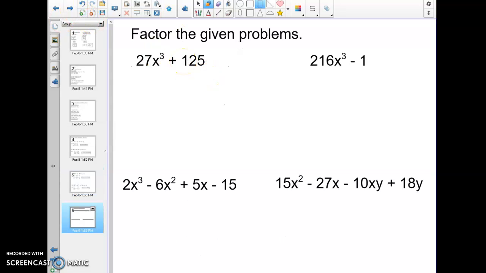For these two problems, we really need to know the a cubed plus b cubed formula and the a cubed minus b cubed formula, which will be given to you on the test.